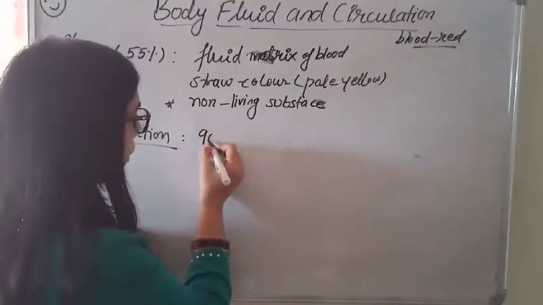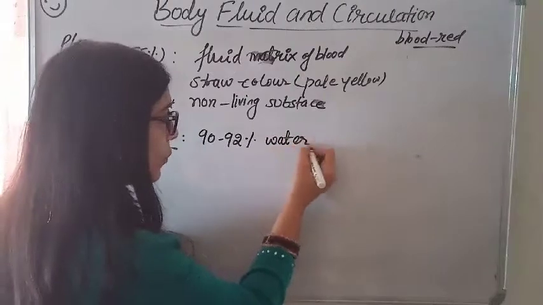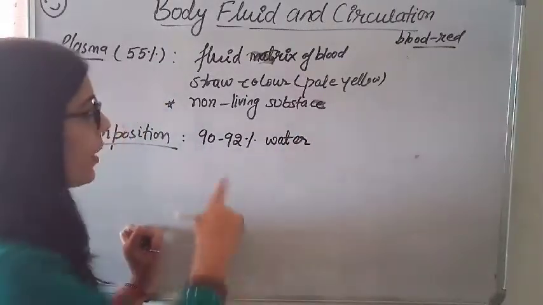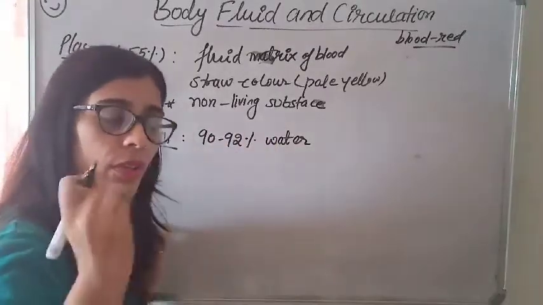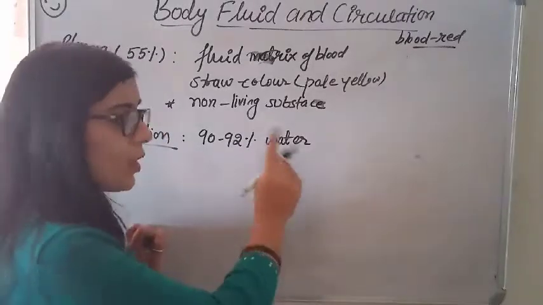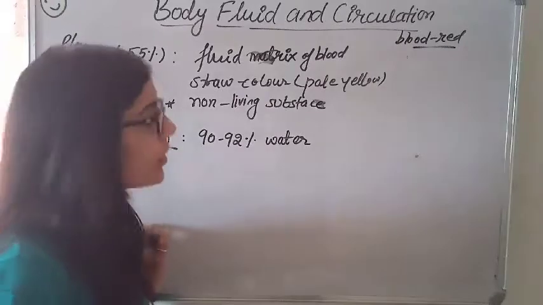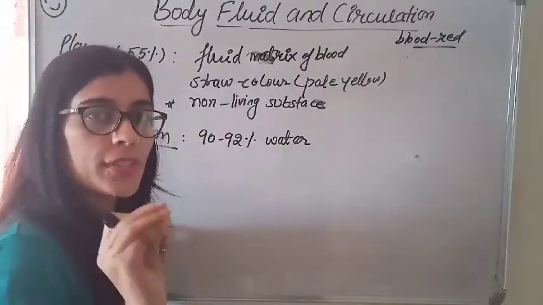First, 90 to 92% is the contribution of water. From here you can understand that every part of the body has water. Even internally we have so many reactions, and most of the reactions are regulated by water. Water is involved in every activity, and that's why water is the universal solvent.